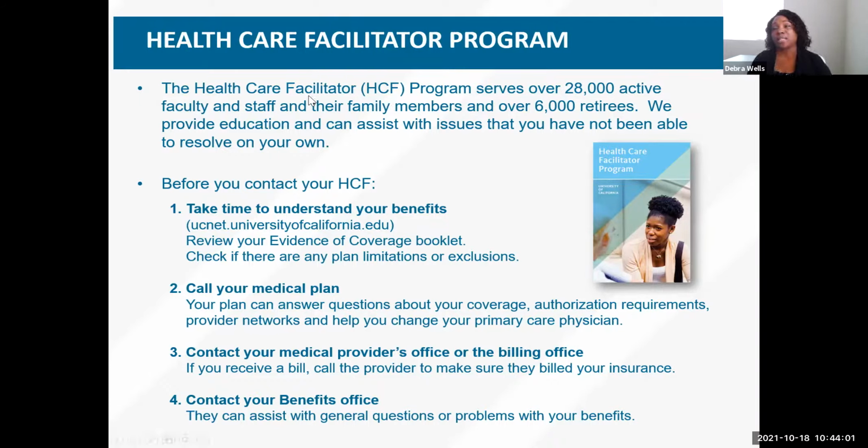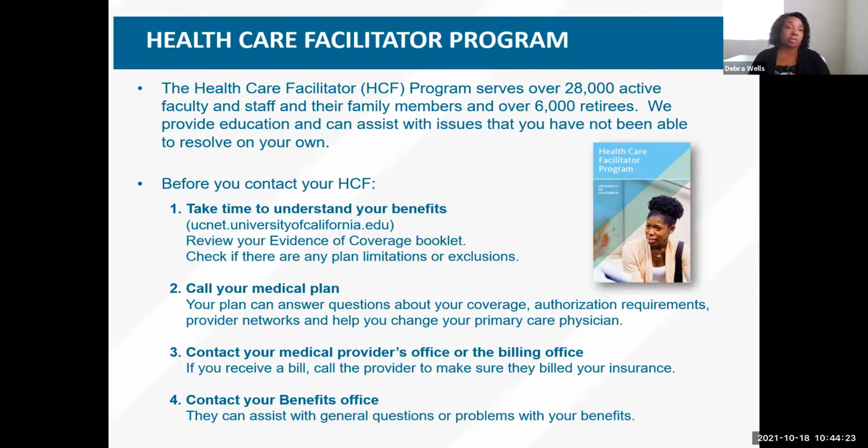Before you contact us, make sure you take the time to understand your benefits, call your medical plan, do your research, look at your evidence of coverage booklets online, log on to UCNet and review your premiums and medical plan comparisons, and call the number on your bill.